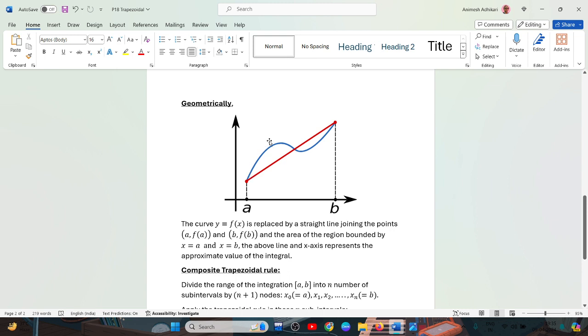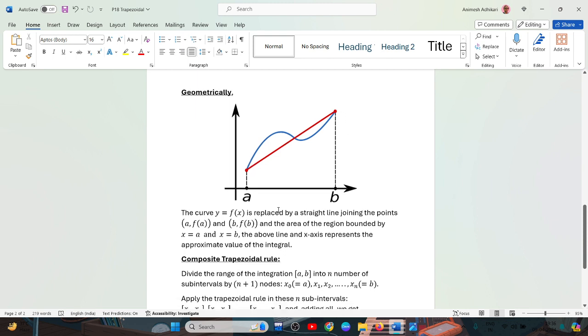The curve y equal to f(x) in the blue color is replaced by a straight line joining the points (a, f(a)) and (b, f(b)), and the area of the region bounded by x equal to a, x equal to b, and the above line, this red color, and x-axis represents this approximate value of the integral, and this is the trapezium, and hence the name trapezoidal rule.